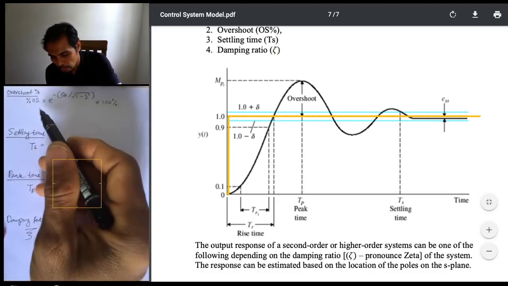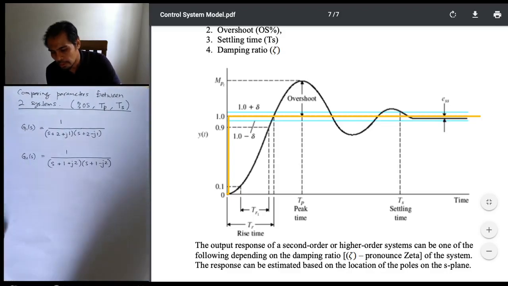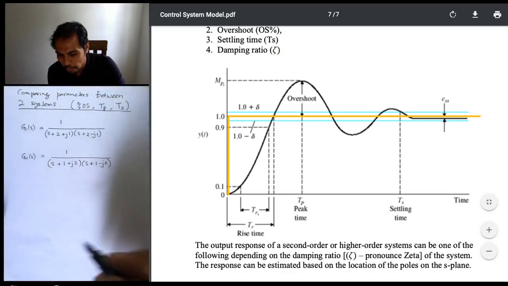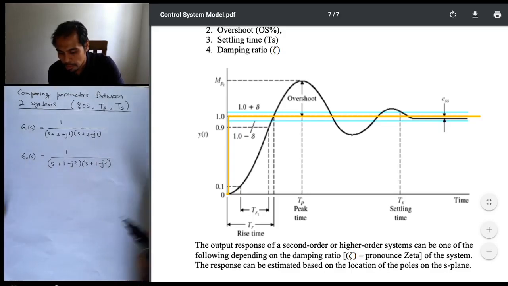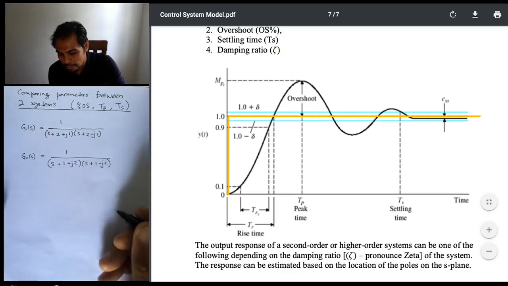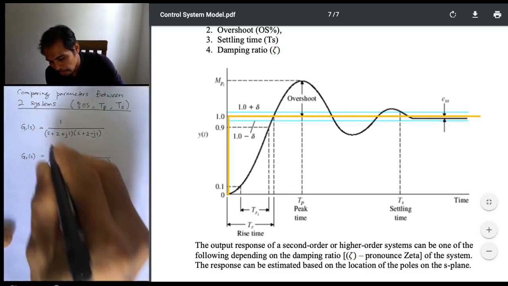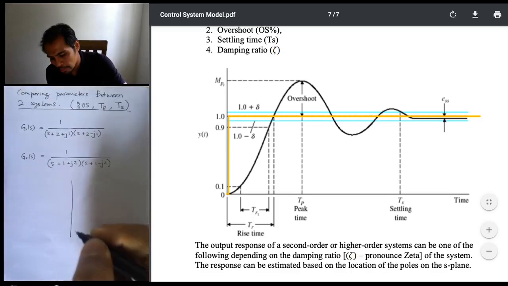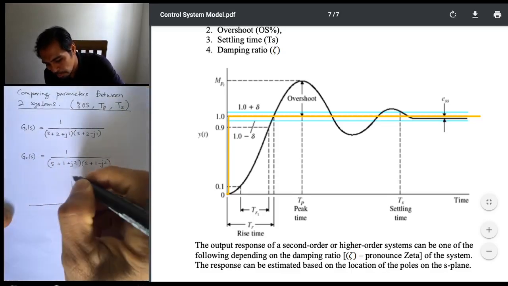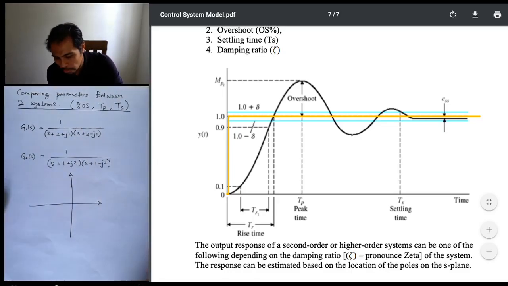We know that zeta is the angle of the vector. So with two systems, we should be able to determine which system has higher Ts or higher overshoot, something like that.